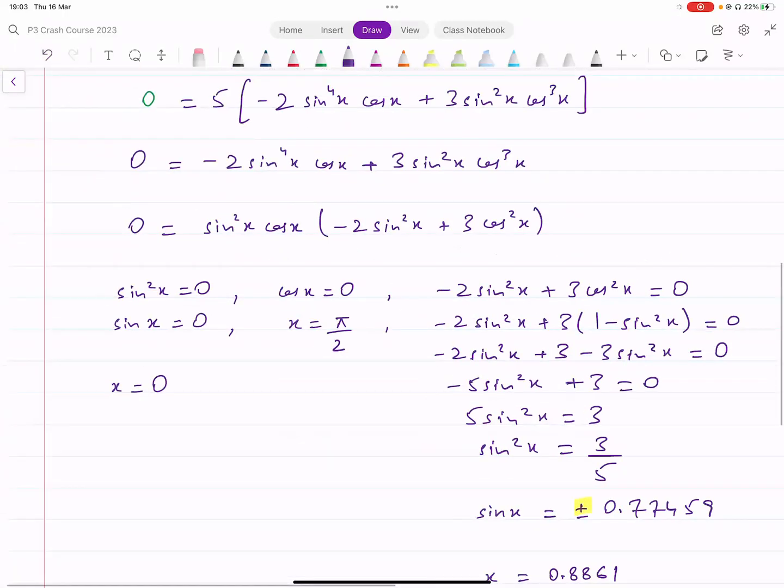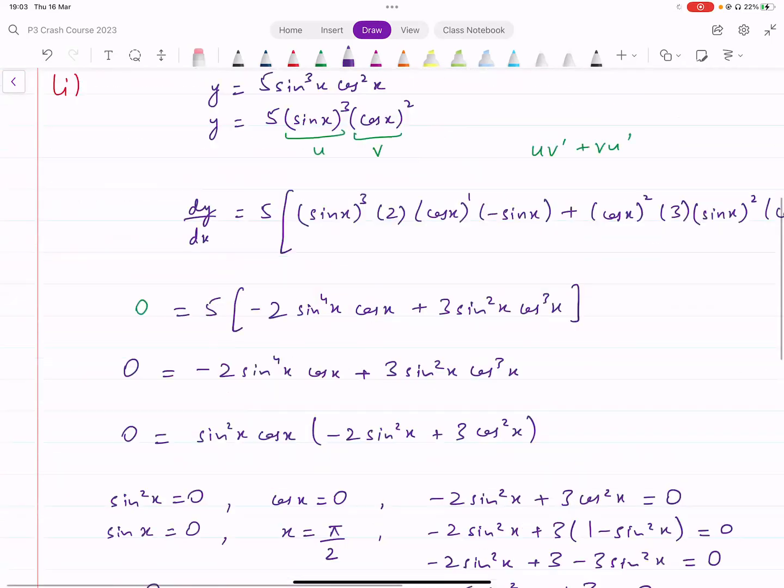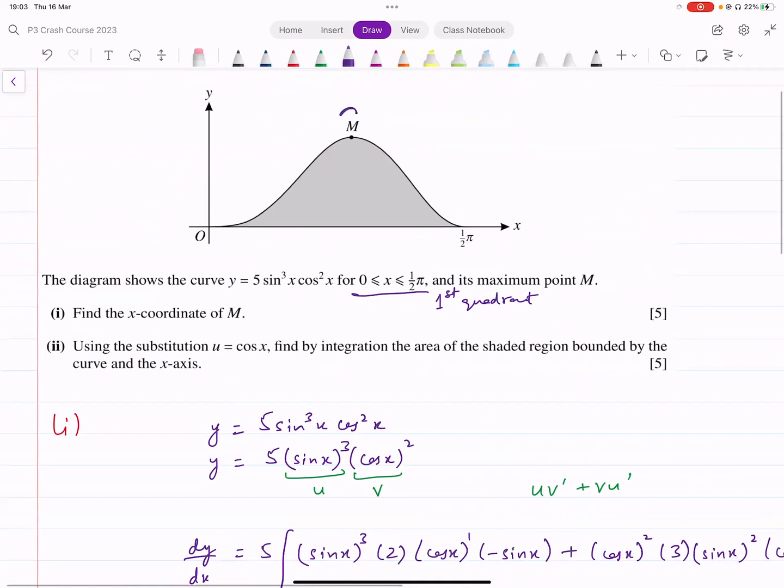These are three values of x that we're getting. x equals 0, x equals pi over 2, and x equals 0.8861. Now, look at the graph. Point M is what we're looking for. Now, it's very clear from the graph that the x coordinate of M cannot be 0 because 0 is right here. It cannot be pi over 2, which is here. So it's not 0 or pi over 2.